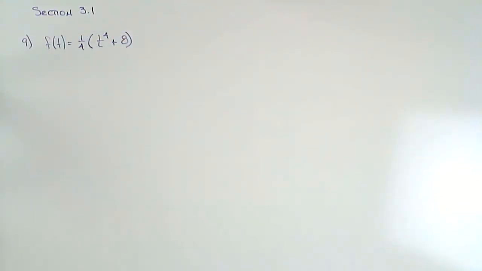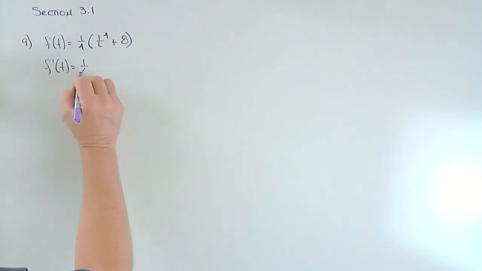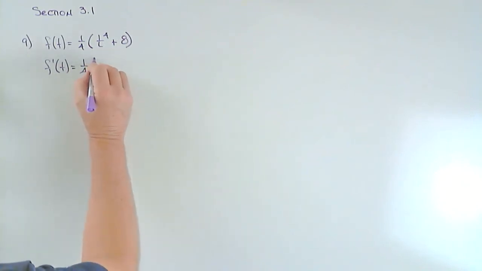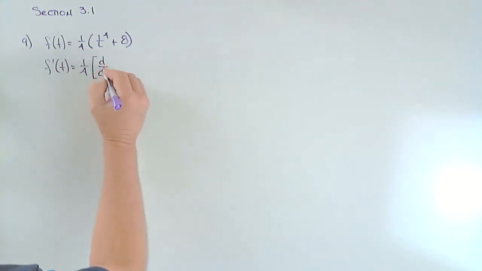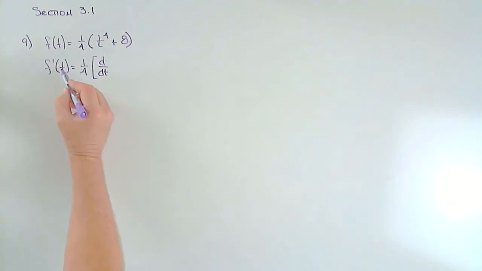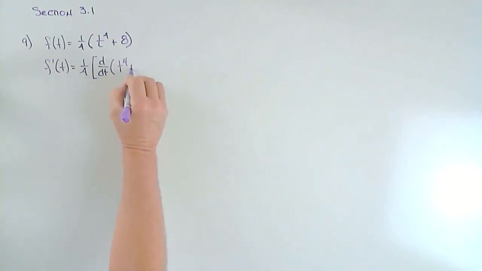Now, the first thing we have to do: if we want to take the derivative of this, and there's a constant in front, one of our properties says you put the constant out front, and then just go ahead and take the derivative. I'm writing d with respect to t, the derivative with respect to t because my variable is t here. It's not d over dx because my variable is t. Go ahead and take the derivative of what's inside.